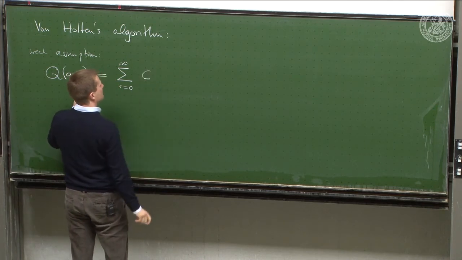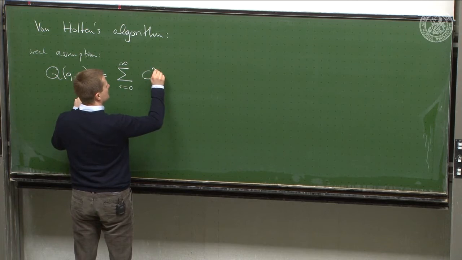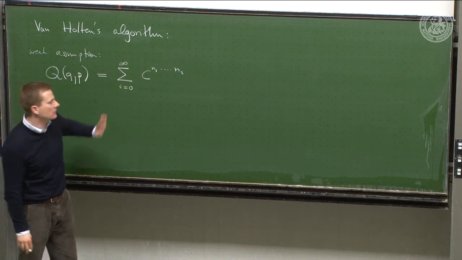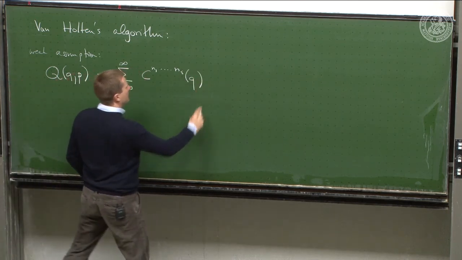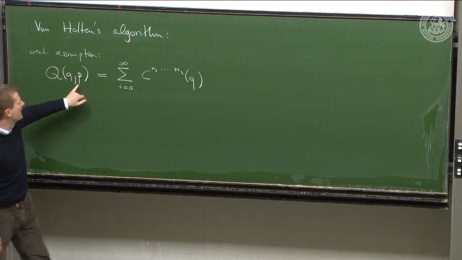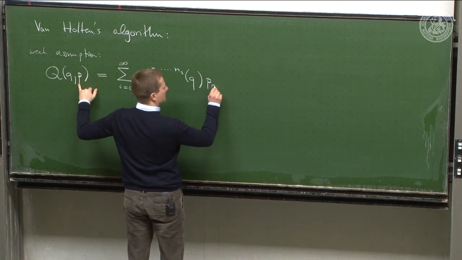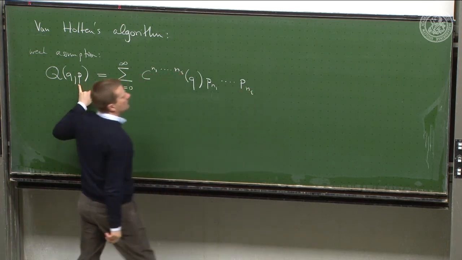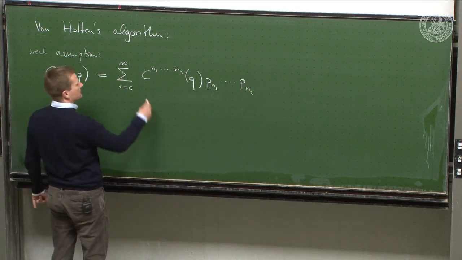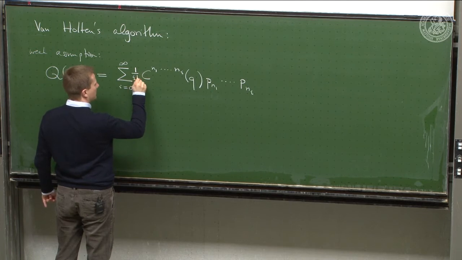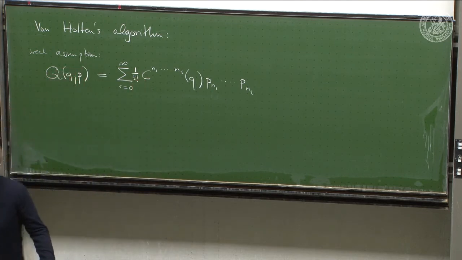So you have coefficients, capital C, with indices n1 up to ni, and it may carry no index, of coefficients that depend only on the position q, because we're still in the setting where the symplectic manifold is the cotangent bundle of some capital Q. And here you have the p's, Pn1 up to Pni. Because this is a nice Taylor series, or we want to understand it as such, we write here 1 over i factorial, but that's just convention.